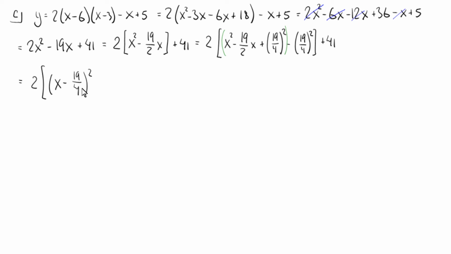Now remember that if you take 19 over 4 plus 19 over 4, you should be getting the middle number, which you do.